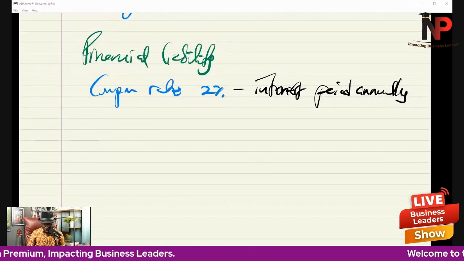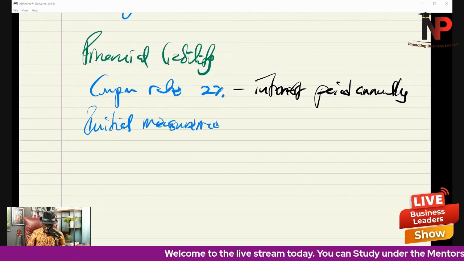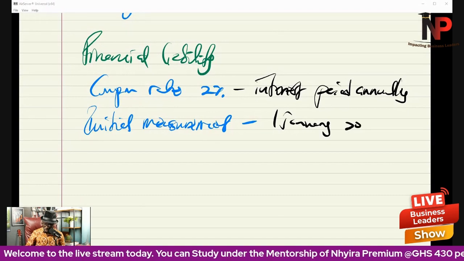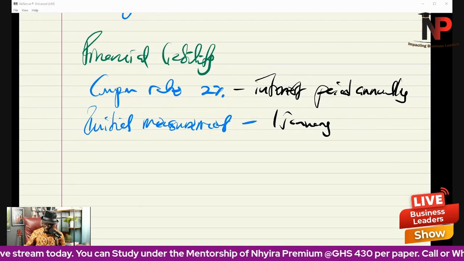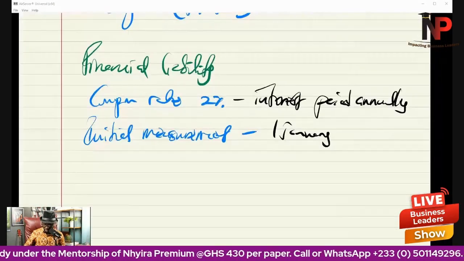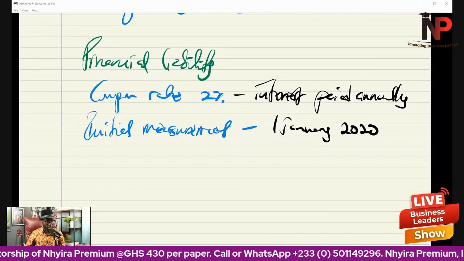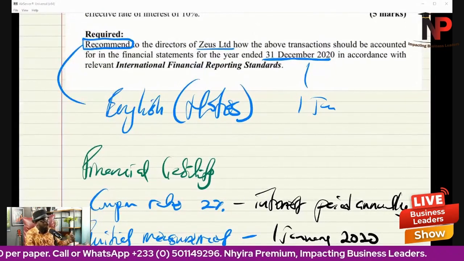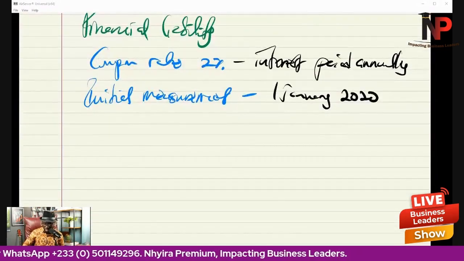So let's go to initial measurement. Initial measurement at the beginning of the year, 1st January 2020 in the context of this question here. So let's go pull up our currency sign. Here we can just work in Ghana cedi and then go away.